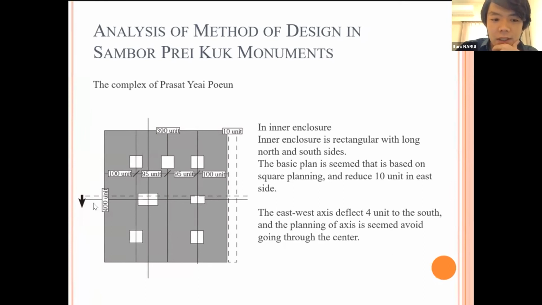The east-west axis deflects 4 units to the south, and the planning of the axis seemed to avoid going through the center.